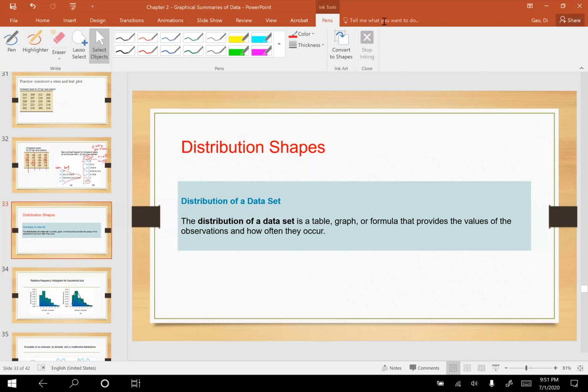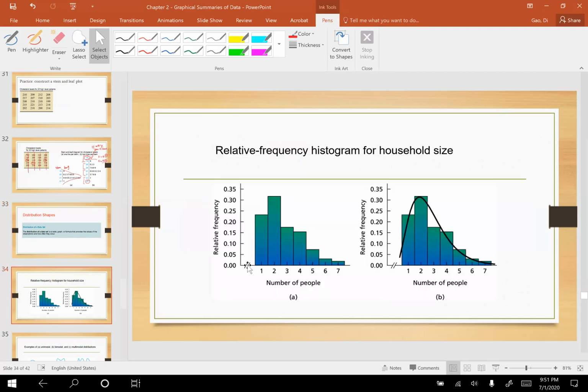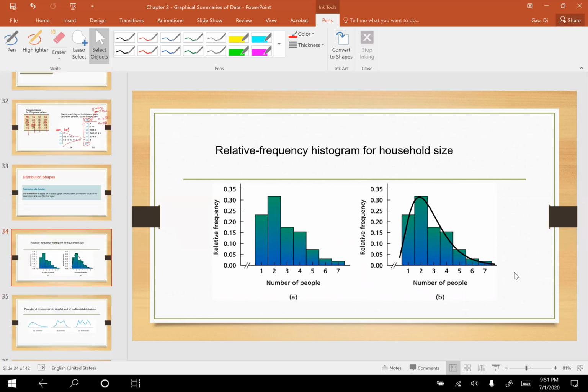For now, a distribution is more like how the data looks, or the shape of the data set. If we look at this histogram, we can always put a smooth curve on top to describe the overall shape of the data set.